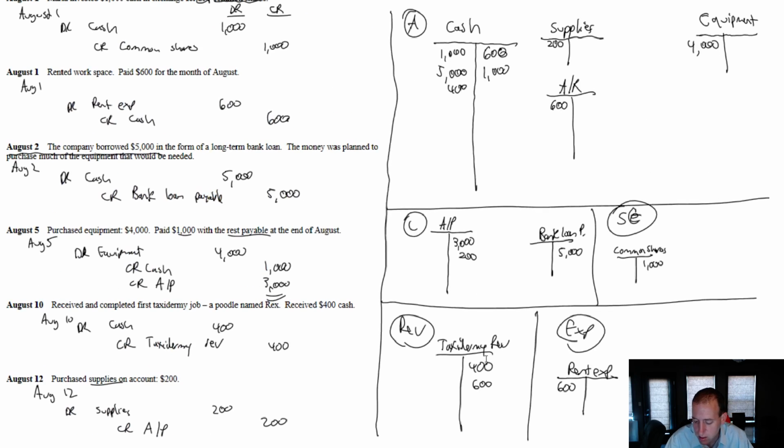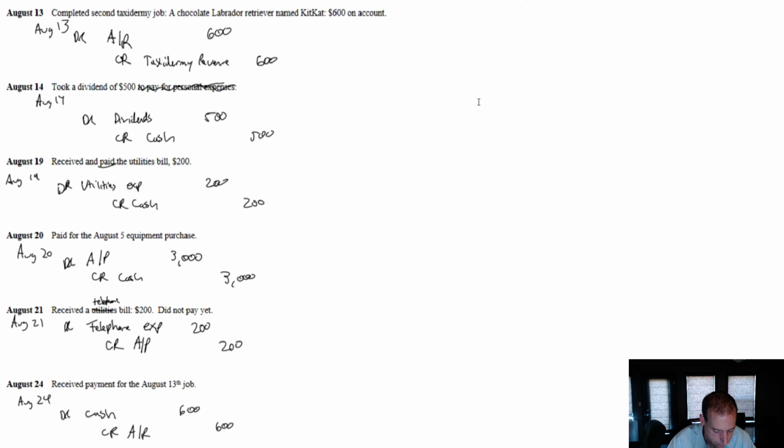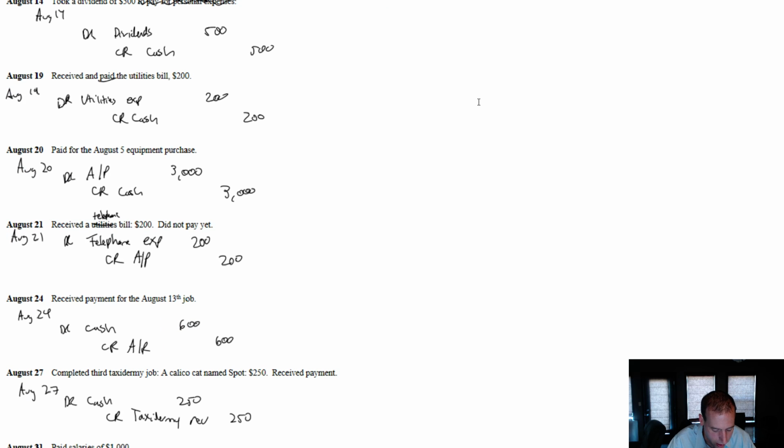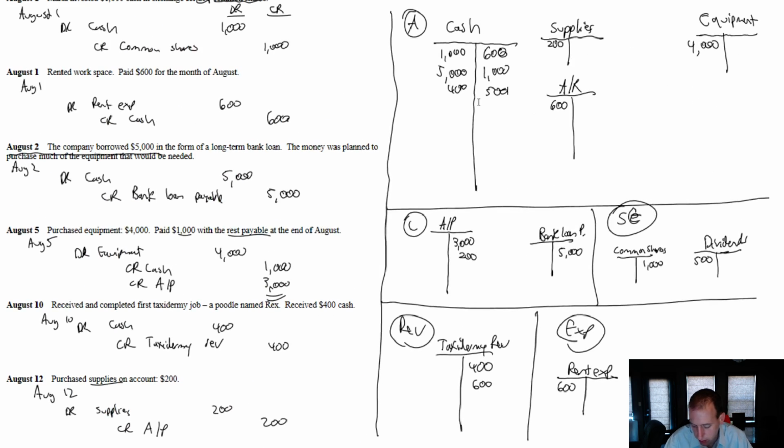I'm going to put dividends in equity. They are an account that lives to impact our retained earnings. Dividends, $500. Credit, was it cash, I believe, for $500. Next, debit utilities expense, credit cash for $200. Okay, so another expense here.